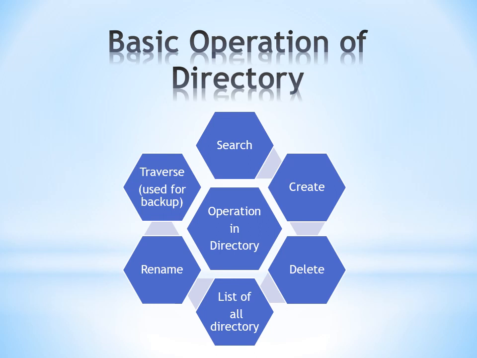Traverse is normally used for backup, because when you back up your files using a backup system, it asks which particular directory needs to be backed up. When you restore a directory, it will also ask for the specific directory. That's why the traverse operation is used in the directory, not in the file.